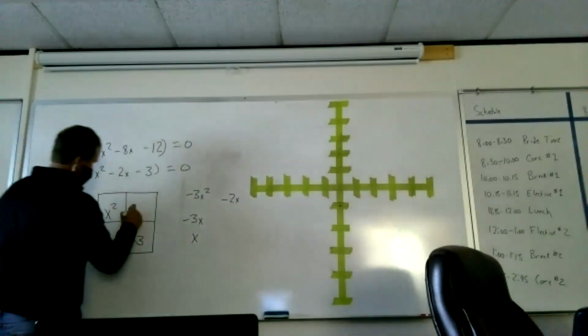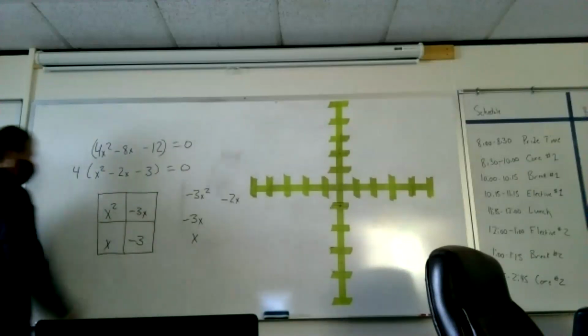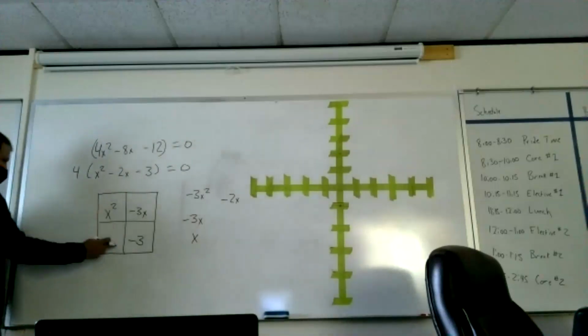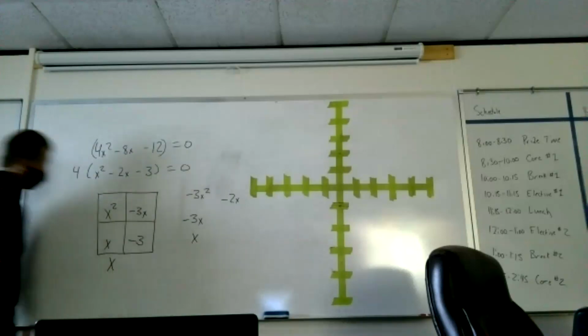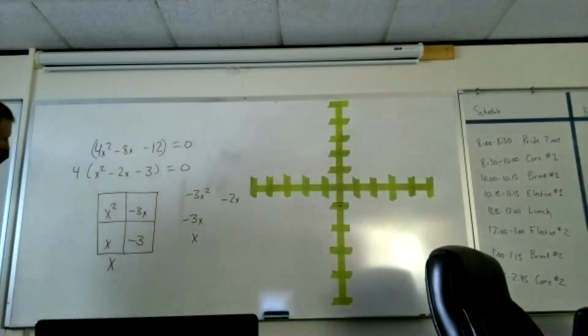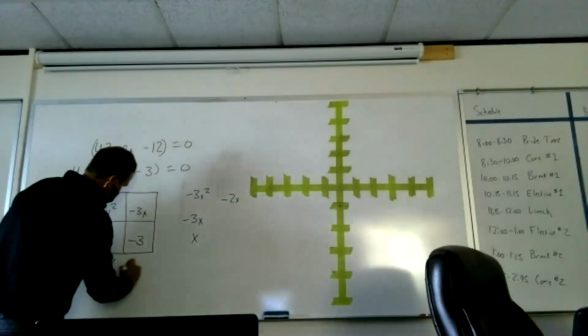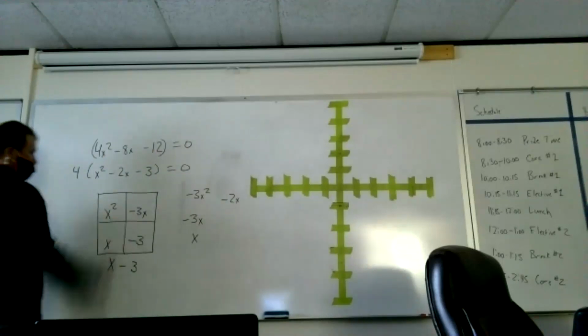Okay, so now I want to fill out my box. So looking to factor my columns first, I have x squared and x. And remember, I'm factoring out the greatest common factor between those. Okay, and that's just going to be an x. And then negative 3 and negative 3. I can take a negative 3 out, x squared and 3x.